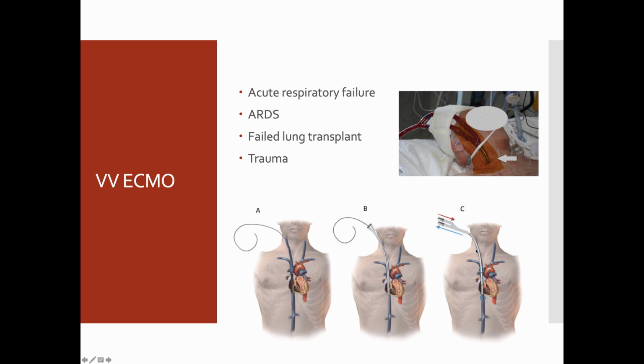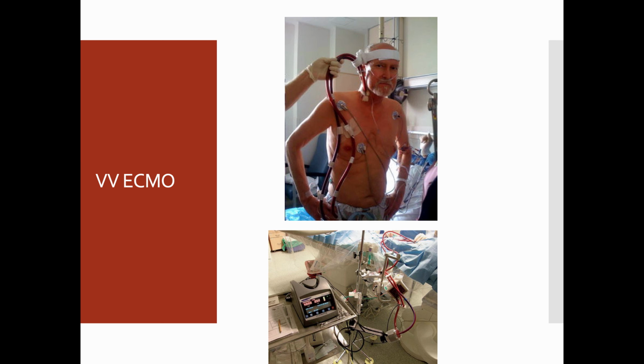But essentially, this can usually be done through just the subclavian vein, or the jugular vein, and that goes right, in this case, goes down into the jugular vein and pulls out venous blood, and the blood goes to the ECMO machine, gets oxygenated, and then it comes back to the same vein again, where it gets distributed to the heart and goes to the rest of the body then.